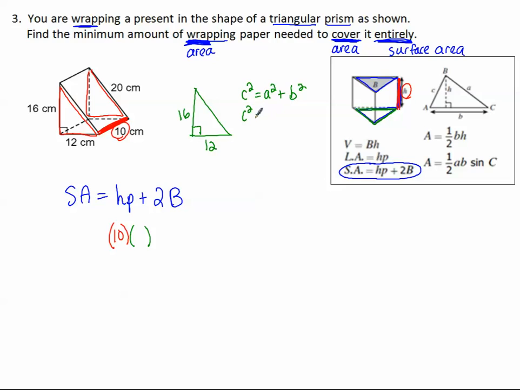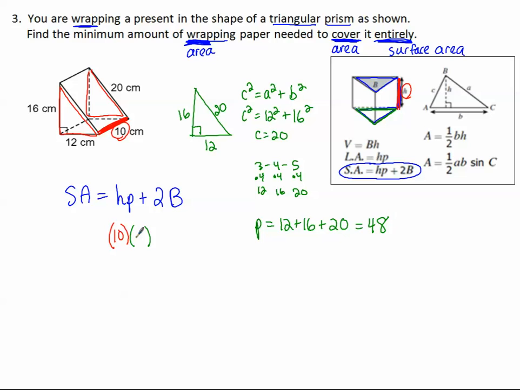C is the one that's missing, our hypotenuse. And if we think of it as our 3, 4, 5 triangle, 3 times 4 is 12, 4 times 4 is 16, 5 times 4 is 20. That's a faster way to get to our missing length of 20. So our perimeter is 12 plus 16 plus 20, or 48. So 48 in for our perimeter.